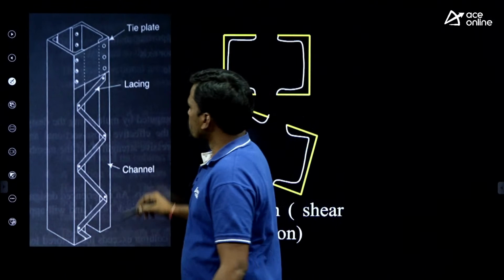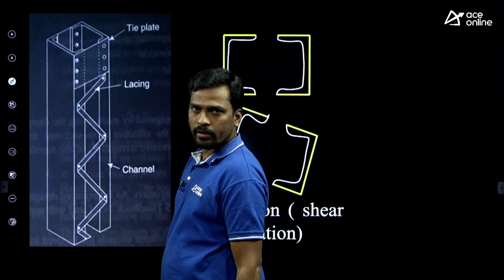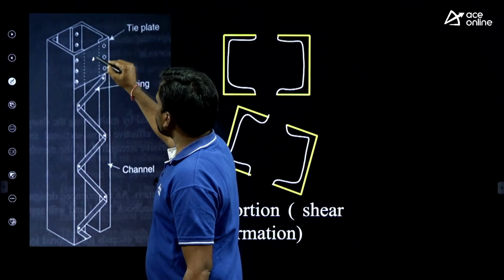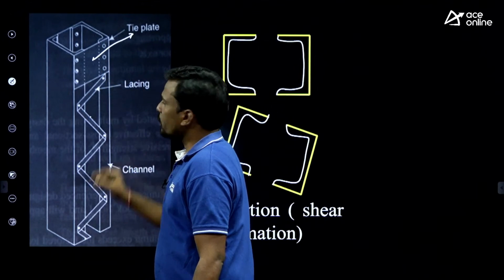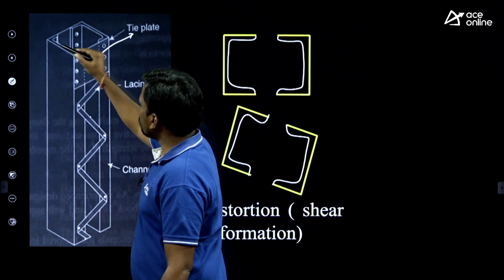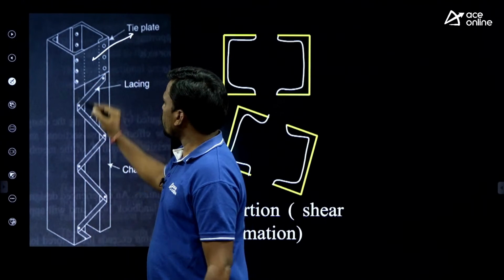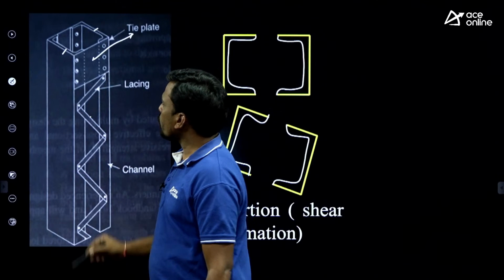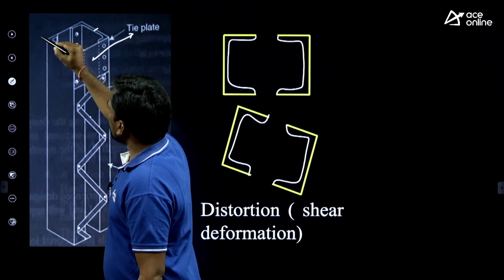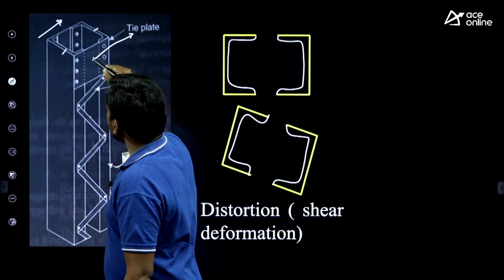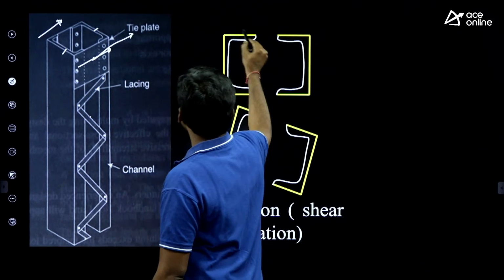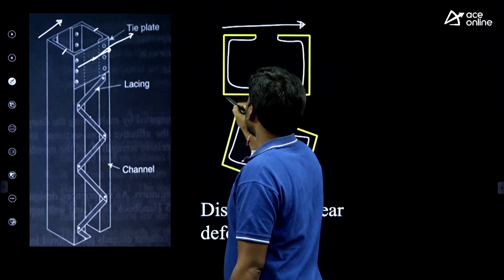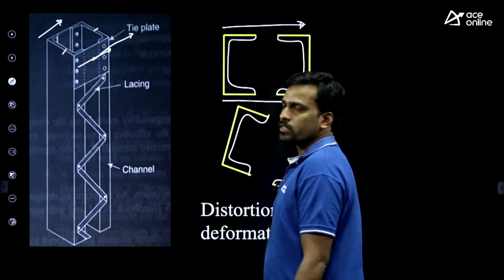Okay, students, this is called laced column, right? The plate is called tie plate and these are called lacing. Now this is the top view. Here, these are the 2 channel sections. Now if it is subjected to forces like this.